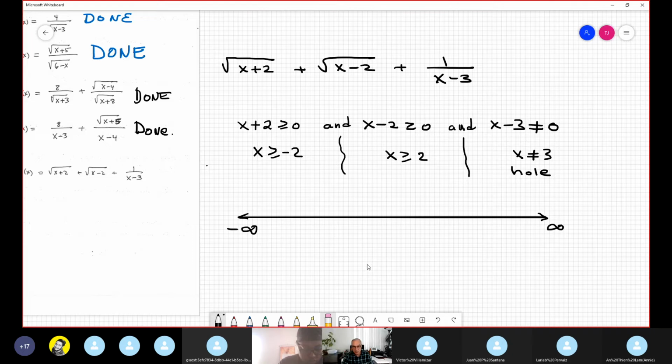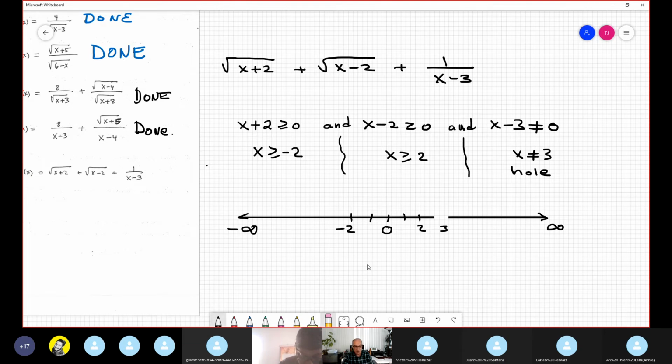This is 0, this is 2, this is negative 2 here, and this is positive 3. At 3 we have a hole.